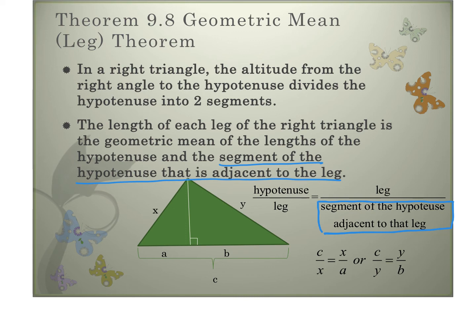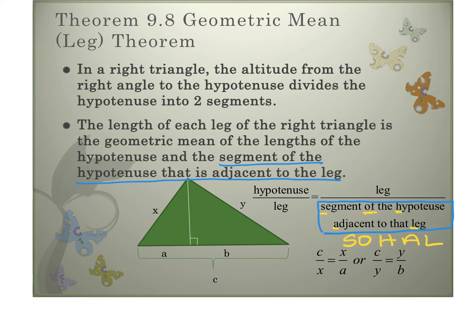I call it SOHAL. The S stands for the word segment. The O in the acronym stands for of. The H stands for hypotenuse. The A stands for adjacent. And the L stands for the word leg.